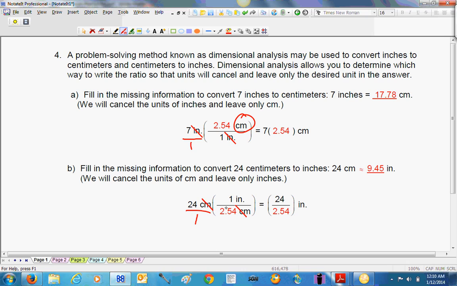So now we know that 1 inch over 2.54 centimeters, the centimeters are going to cancel out. That's leaving us with 24 times 1 inch, and that'll be 24 over 2.54 inches.